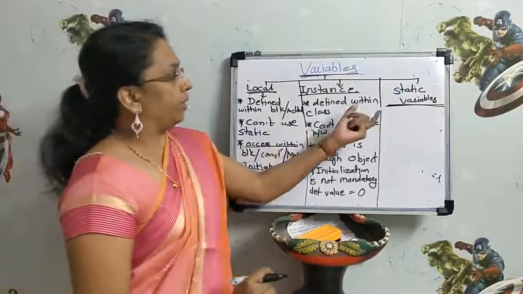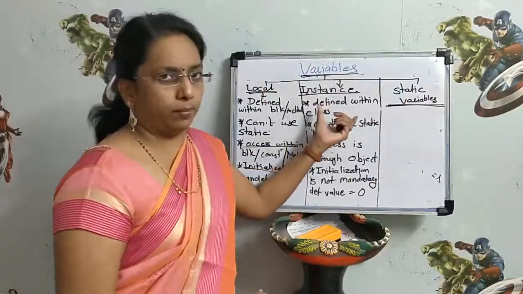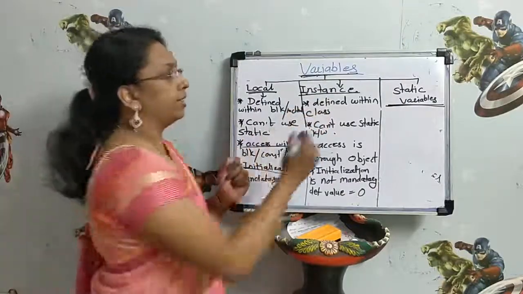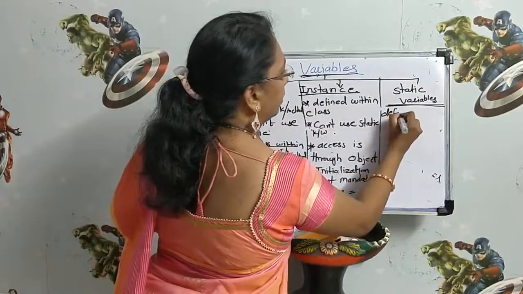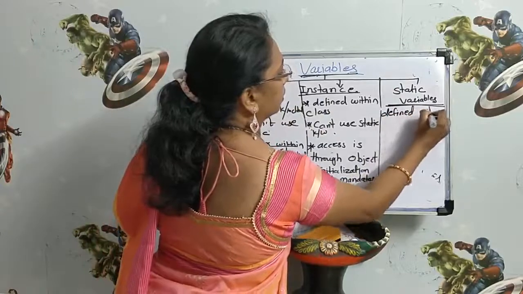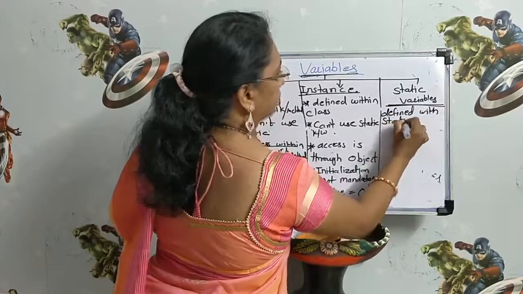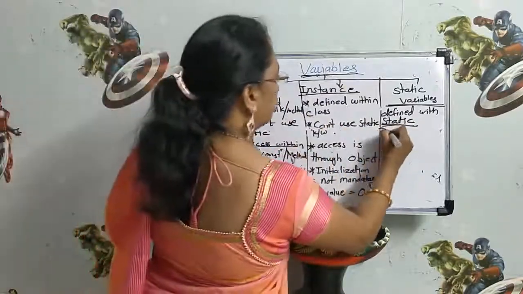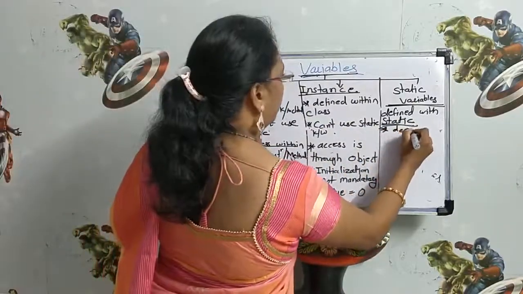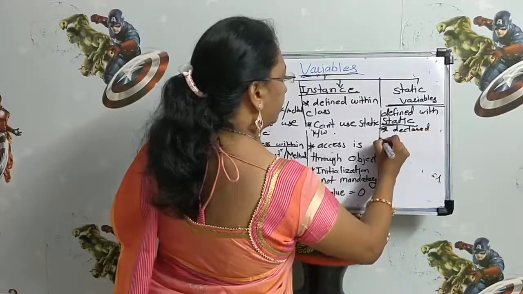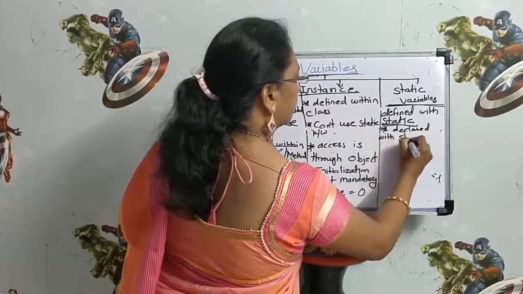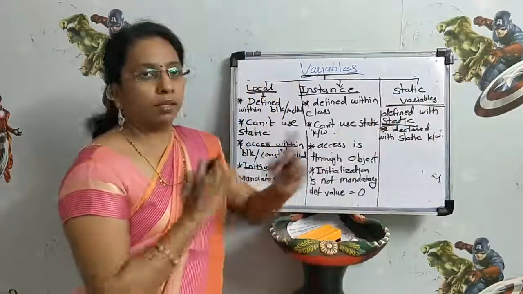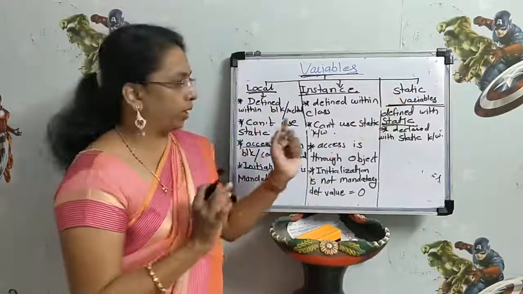These static variables are like an instance variable. They are defined within the class itself, but the difference is that static variables are defined with the static keyword. The static keyword is a must here. Without the static keyword you cannot define a static variable.